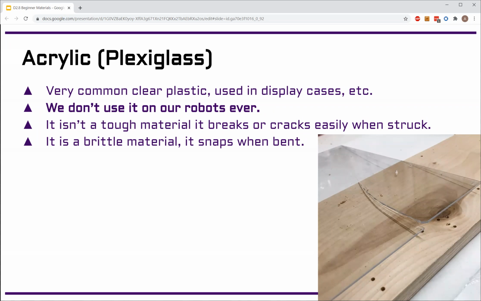Acrylic and plexiglass are very common. They're used in display cases and models and all sorts of different applications where you don't need them to be very tough at all, basically. They're not getting run into by anything.